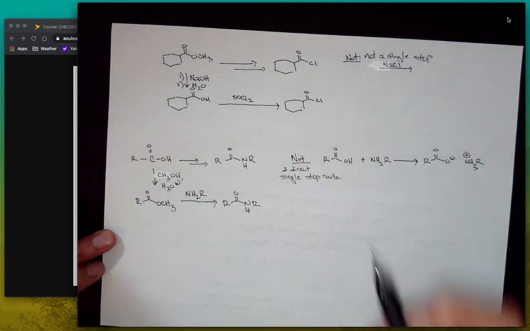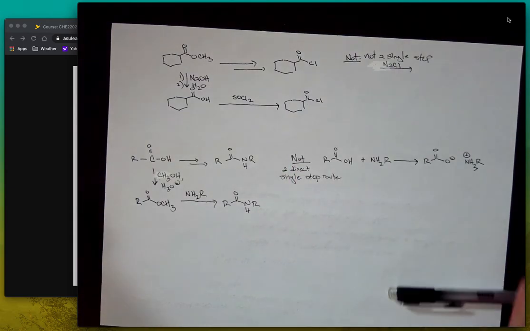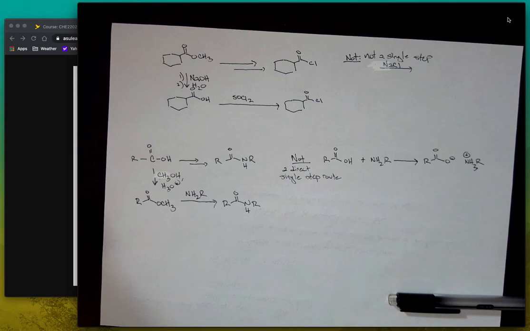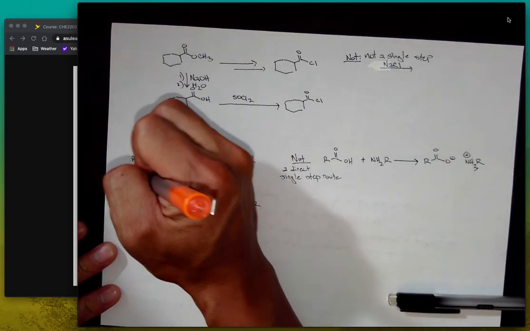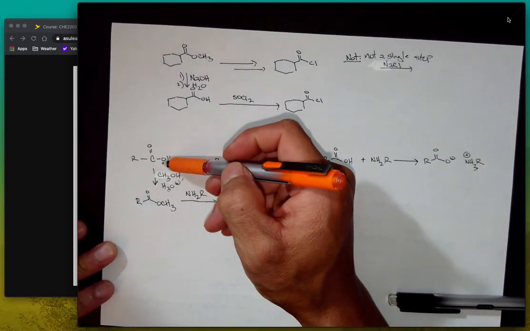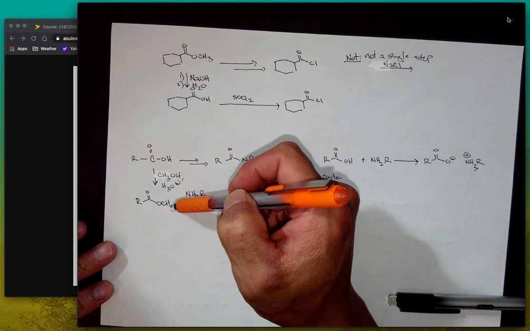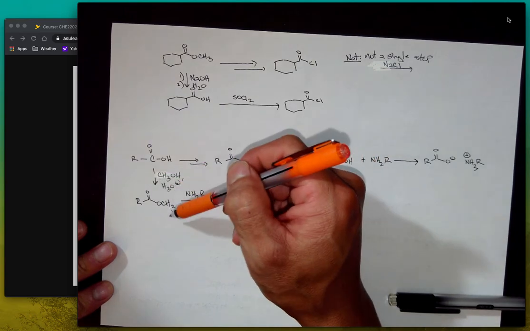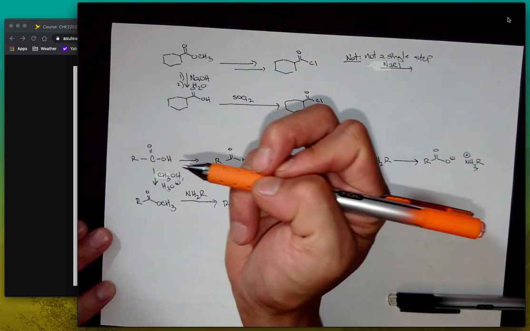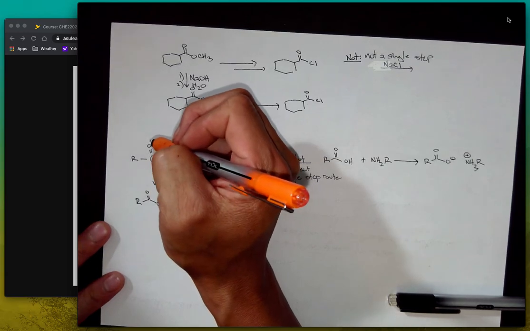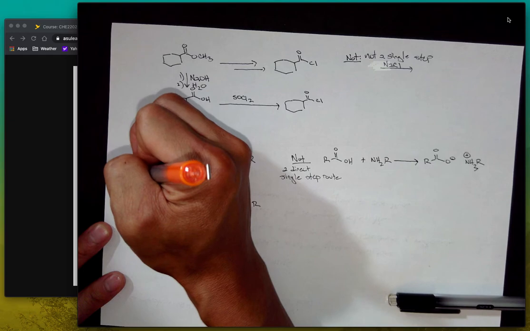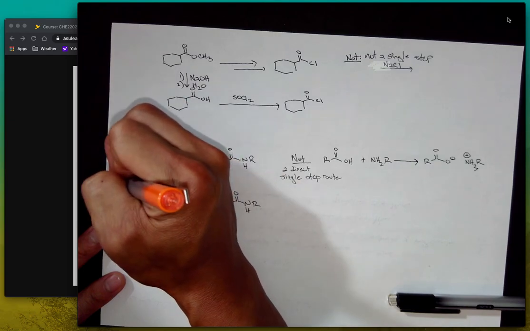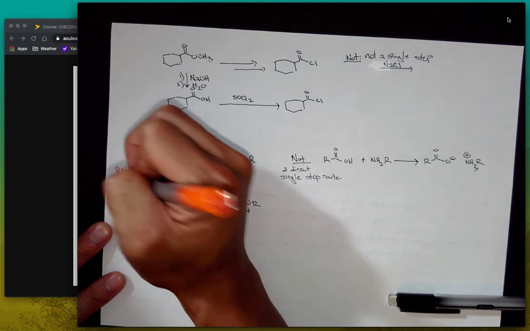It would require two steps in order to convert a carboxylic acid into an amide, and likely in this one step, you would lose some product. This reaction right here to convert a carboxylic acid into an ester typically takes about 8+ hours under acidic conditions, and you'll get about 90% yield.